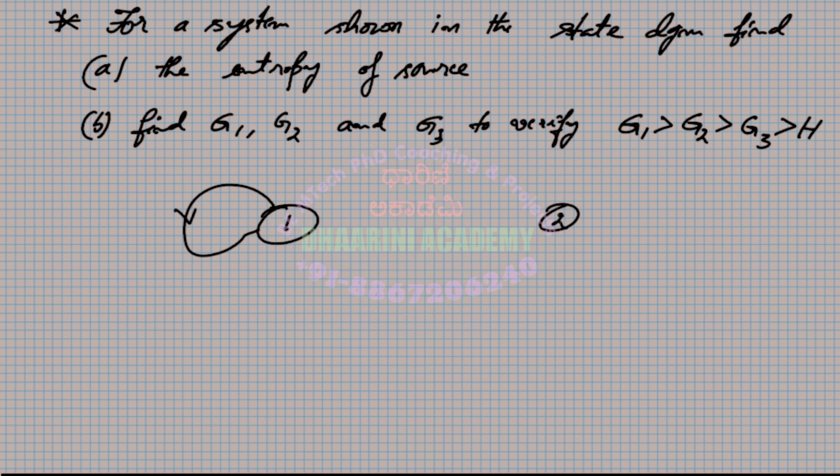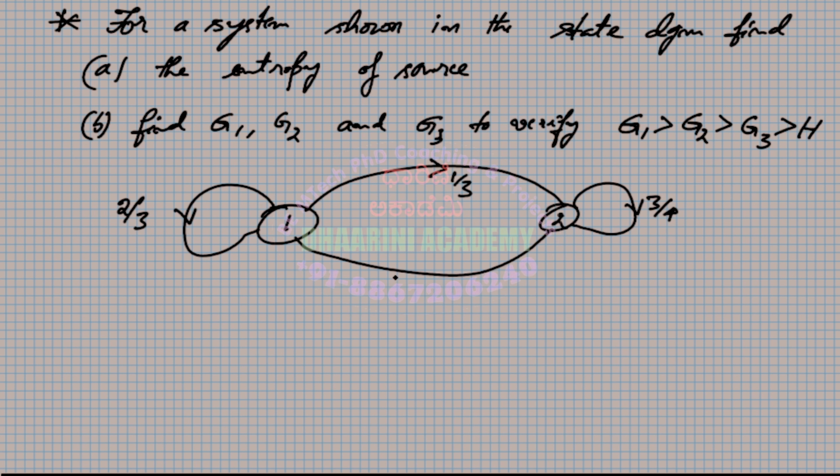There is a probability of 2 by 3, and this is 1 by 3, and we have a state probability of 3 by 4, and this is 1 by 4. Now you see we have only two states.